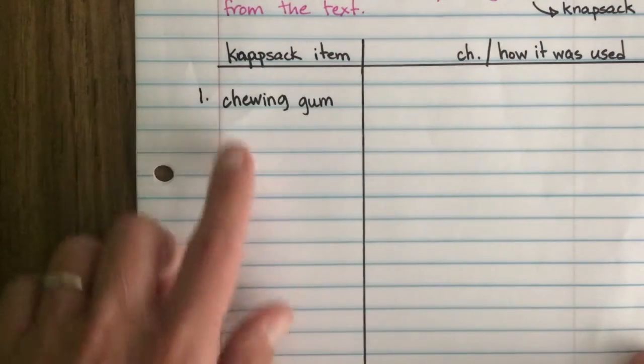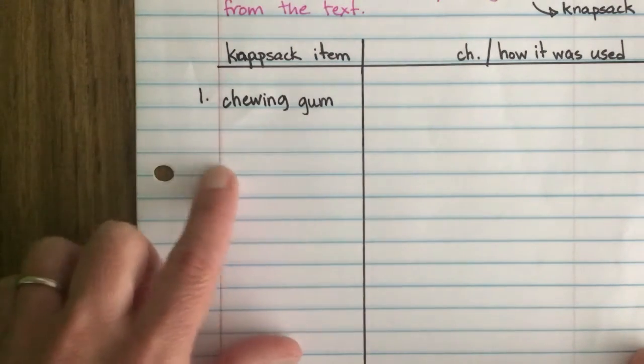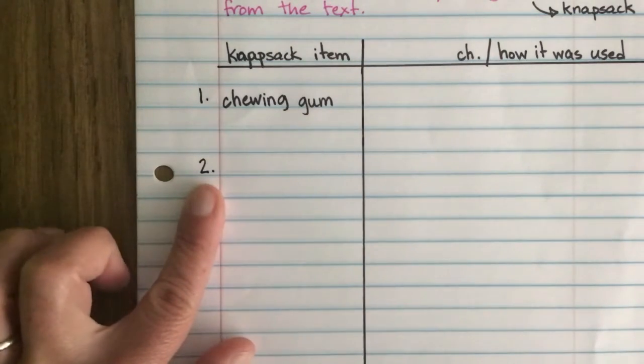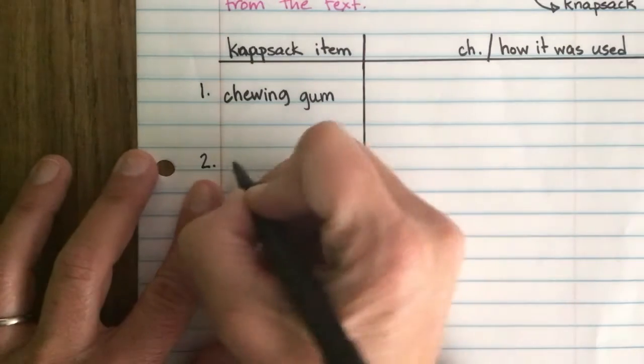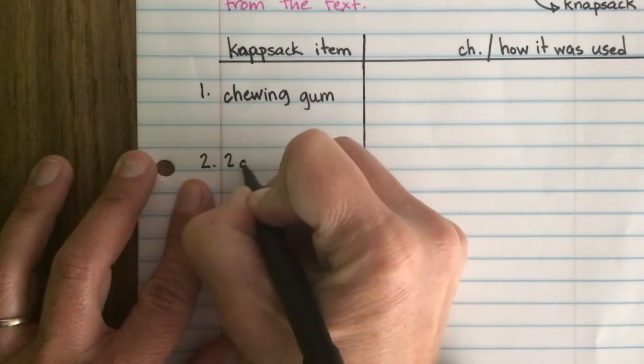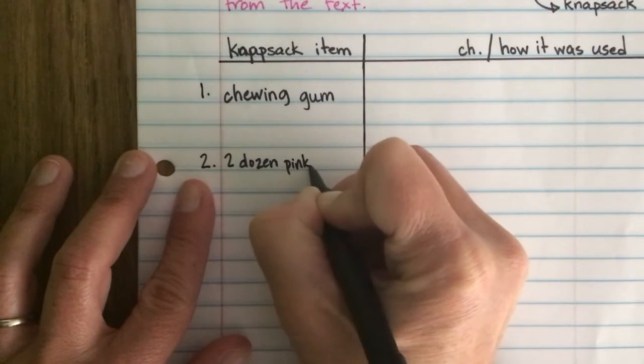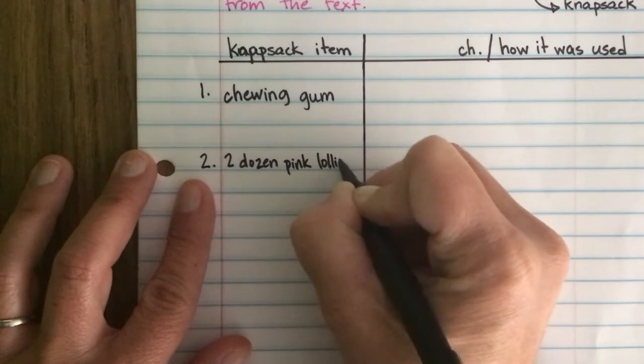Okay, then I want you to skip 2 spaces and put the second item that was listed, and that was 2 dozen pink lollipops.